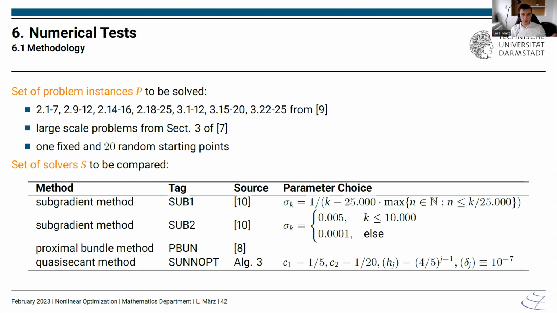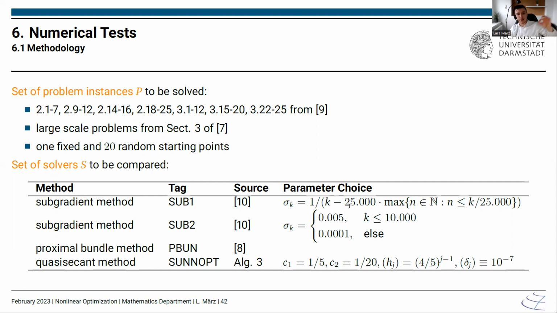And the solvers that were compared were the subgradient method in two different versions. In one case, with some vanishing step size, but as you can see, it's a little more involved than a vanishing step size, because it vanishes and then at some point after 25,000 iterations it kicks up again, and then it vanishes again.